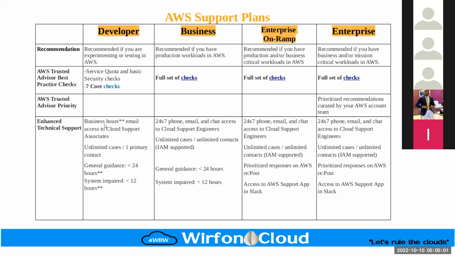While in the business plan, you have 24/7 access, you can contact them by phone, by email, and by chat, and you can contact the cloud support engineers. Please take notes. And on this one, you can contact them 24/7 by phone, email, chat, with access to cloud support engineers.